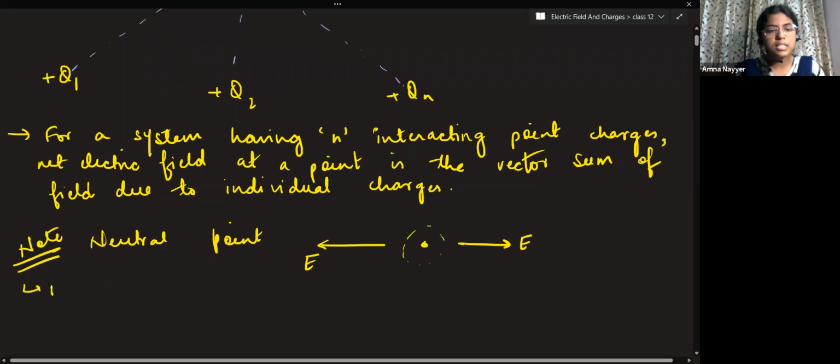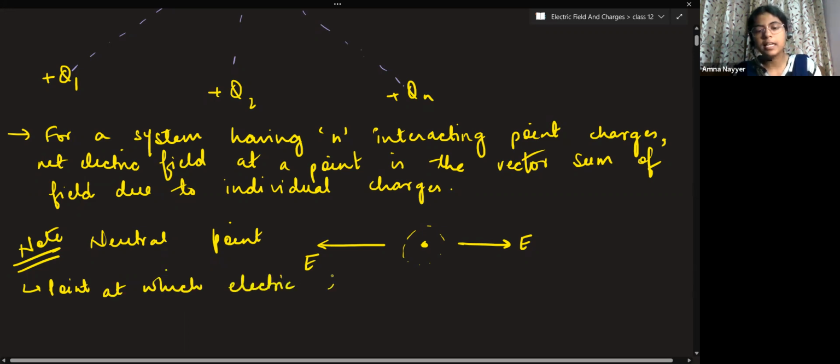So the neutral point is a point at which the electric fields of individual charges cancel each other.